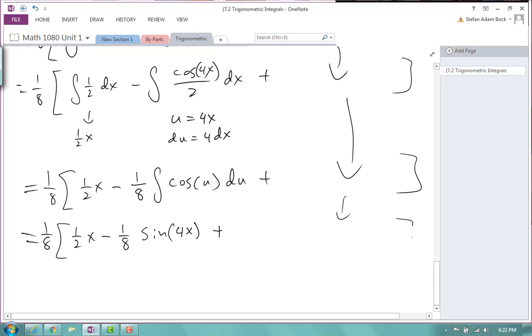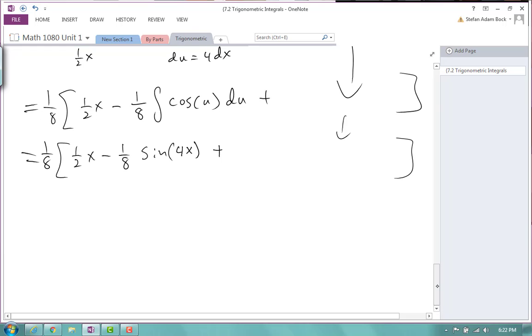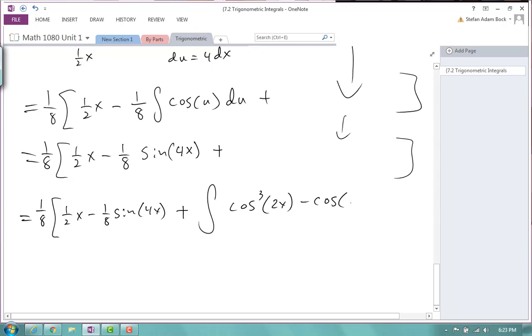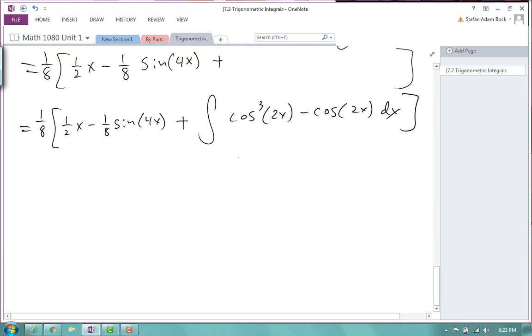So now we can work on the integral we've been saving up so far. So I have 1/8 times 1/2 x minus 1/8 sine of 4x plus the integral of cosine cubed of 2x minus cosine of 2x. So I'm going to change all of these cosines into sines.